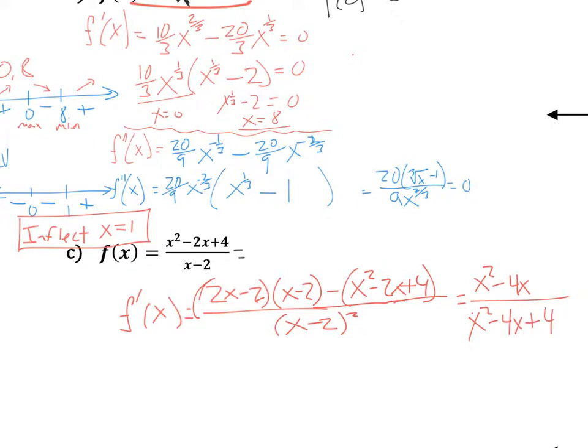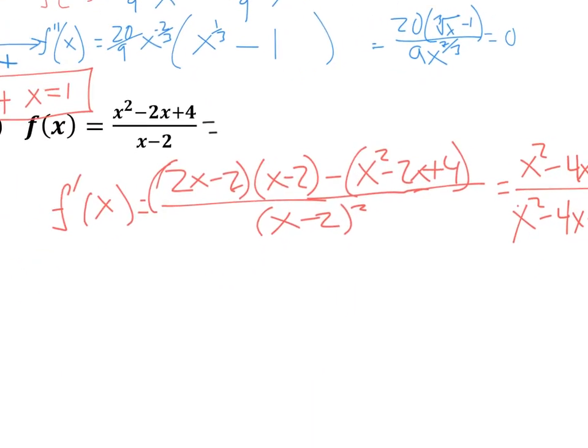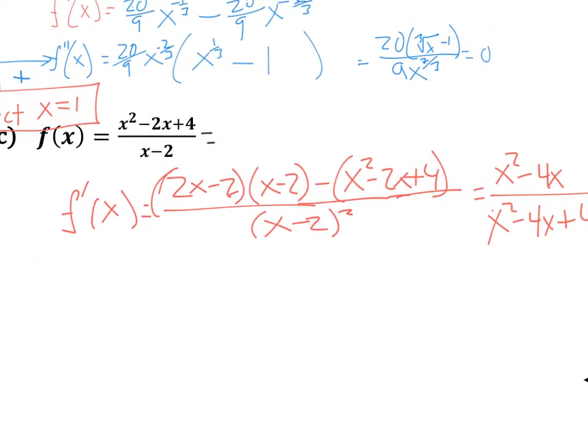Okay. So we want to find some critical values. And so let's do that. Okay. Critical values happen when f prime of x is 0 or undefined. It is undefined at 2, and it is 0.